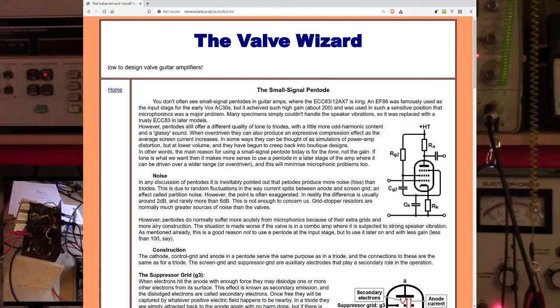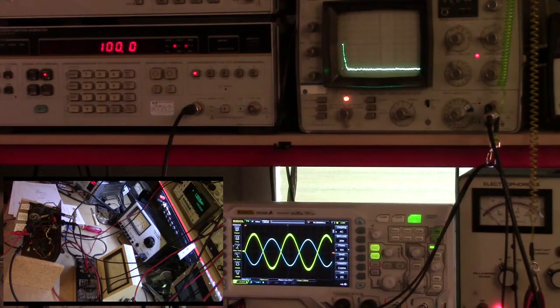But he does say that pentode tubes become more microphonic the higher the gain they are, which makes sense. And he advocates for doing the pentode design at less than a gain of 100. We're at 177 right here, and we're not really seeing any, so we might be good. The vibration that is reflected into the amplifier from an 8-ohm speaker is unknown at this point. We're only going to have to figure out if it's good enough.